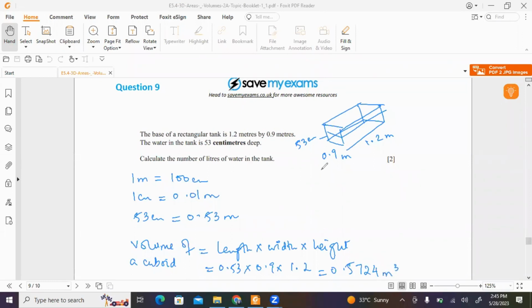Now we have to get the answer in liters. 1 meter cubed is equal to 1,000 liters. So we do 0.5724 times 1,000, which is 572.4. That is your answer.